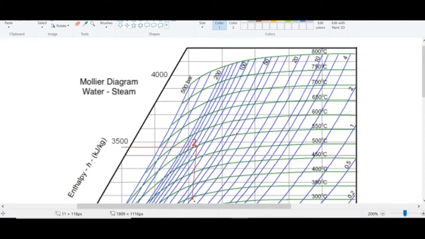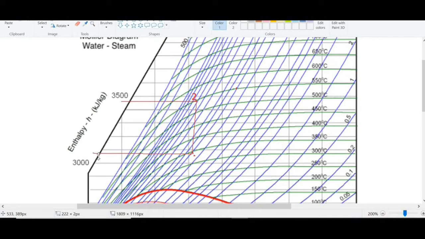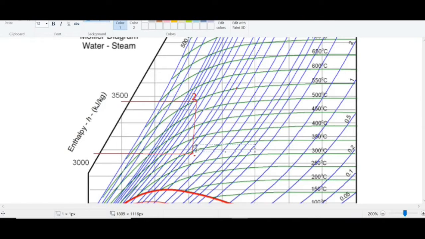Again for enthalpy, I will extend this point 3, and we will get the value. It is above 3000, that is 3052 kilojoule per kilogram. This selected point is point 3. So we will write here, this is point 3.